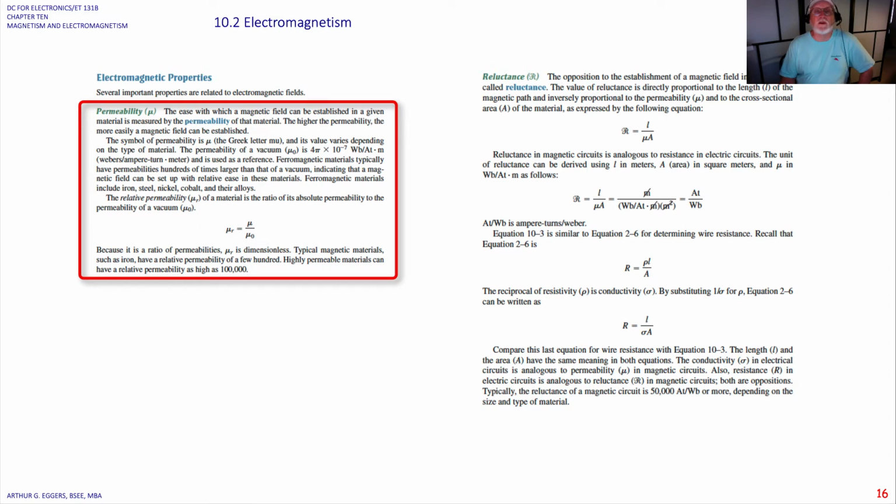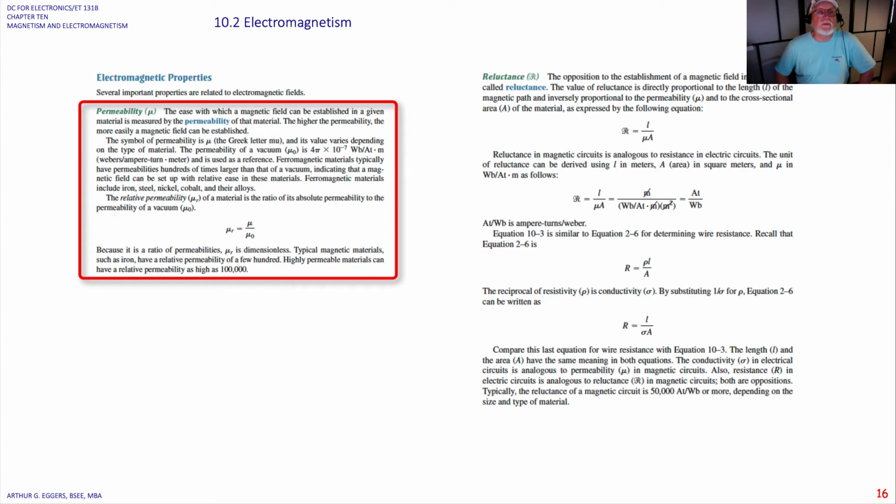The Greek symbol of permeability is mu, and its value varies depending on the type of material. The permeability of a vacuum, mu naught, is 4 pi times 10 to the minus 7th Webers per ampere turn meter, and is used as a reference.